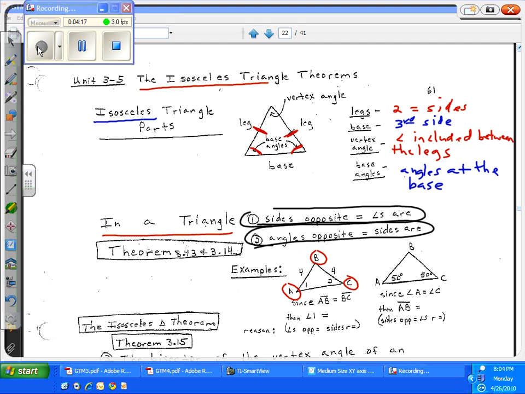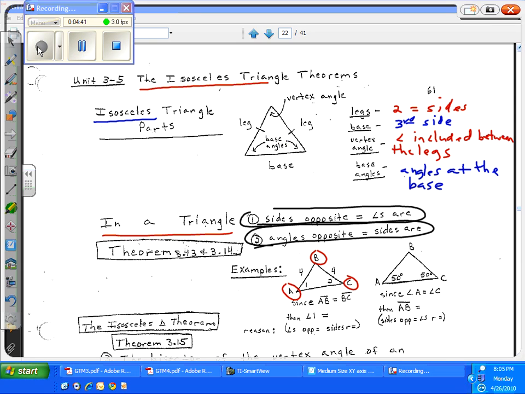Now, we might go ahead and talk about opposite. If we're going to talk about the angle opposite a certain side, we would draw that segment, and the angle opposite it would be the thing across from it. You see, across from that side would be this angle.